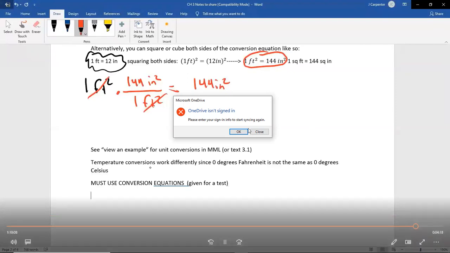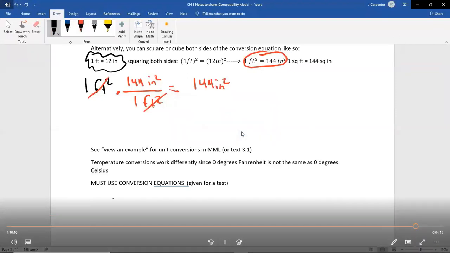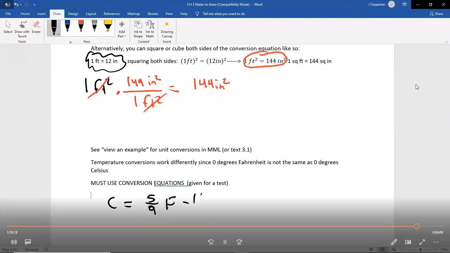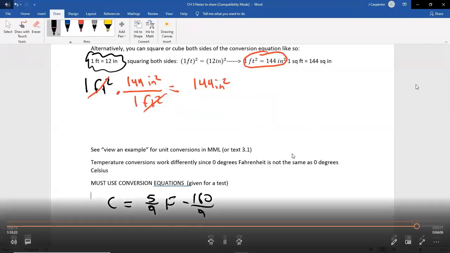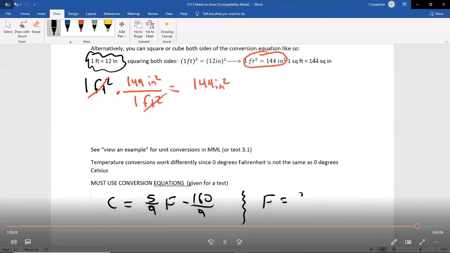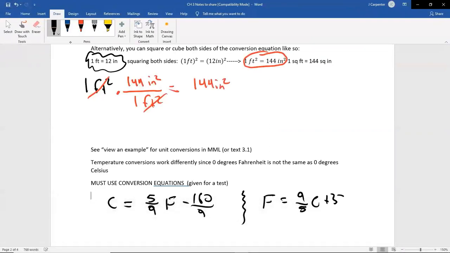In particular, the one that we stick with is C equals 5/9 F minus 160/9. That's a good one. You can also say that F is equal to 9/5 C plus 32.